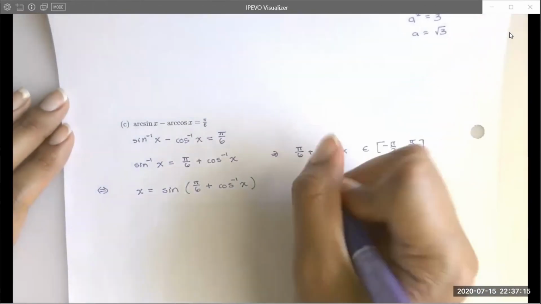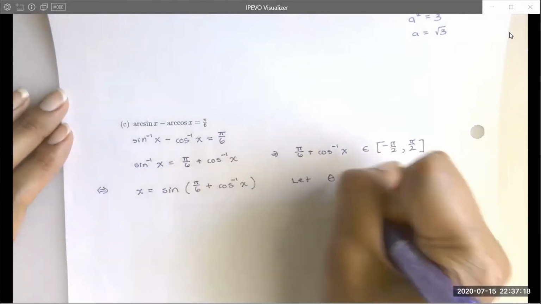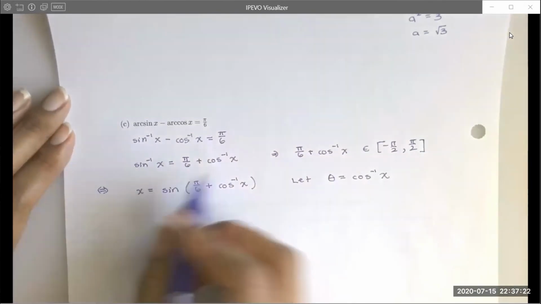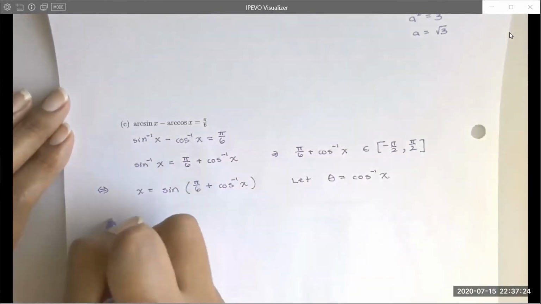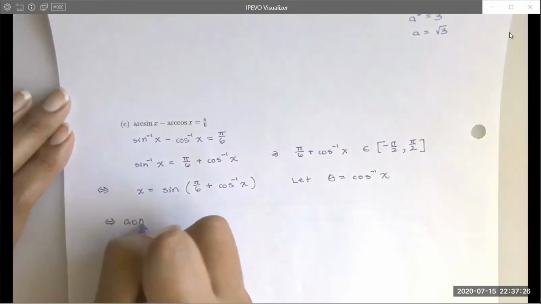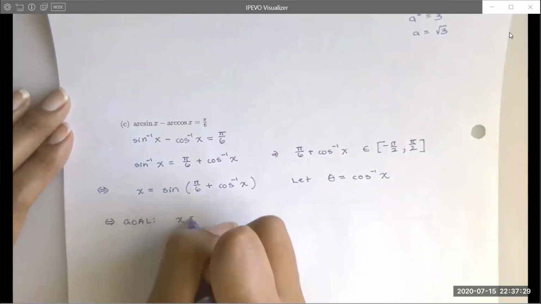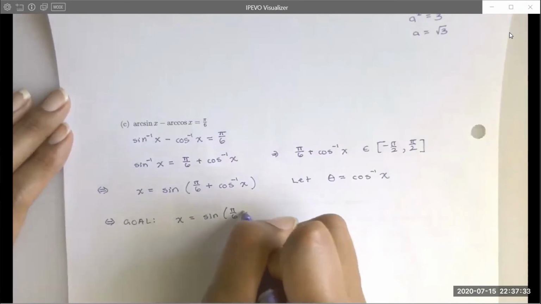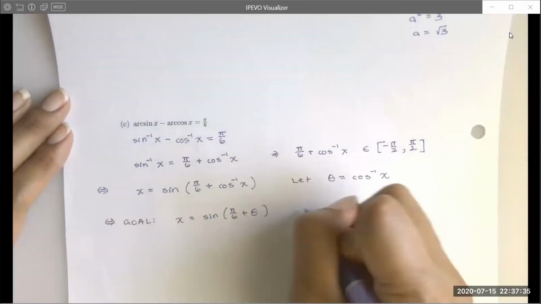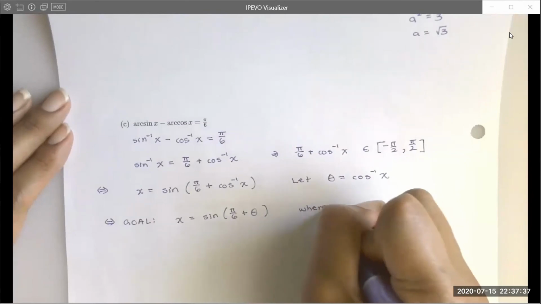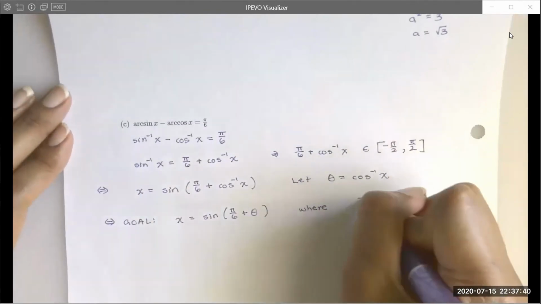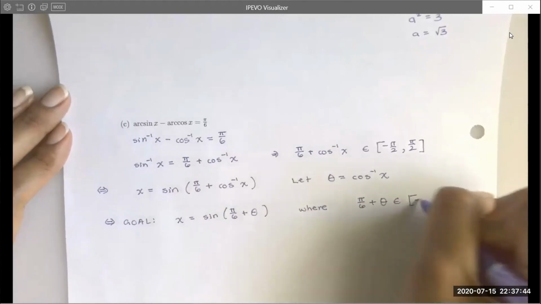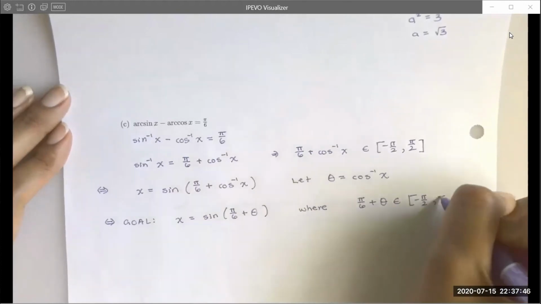Okay, so let theta be the angle returned by cosine inverse of x. And then this whole thing simply becomes a new goal. The goal is to find x is equal to sine of pi over 6 plus theta, where pi over 6 plus theta is in the range negative pi over 2 to pi over 2.